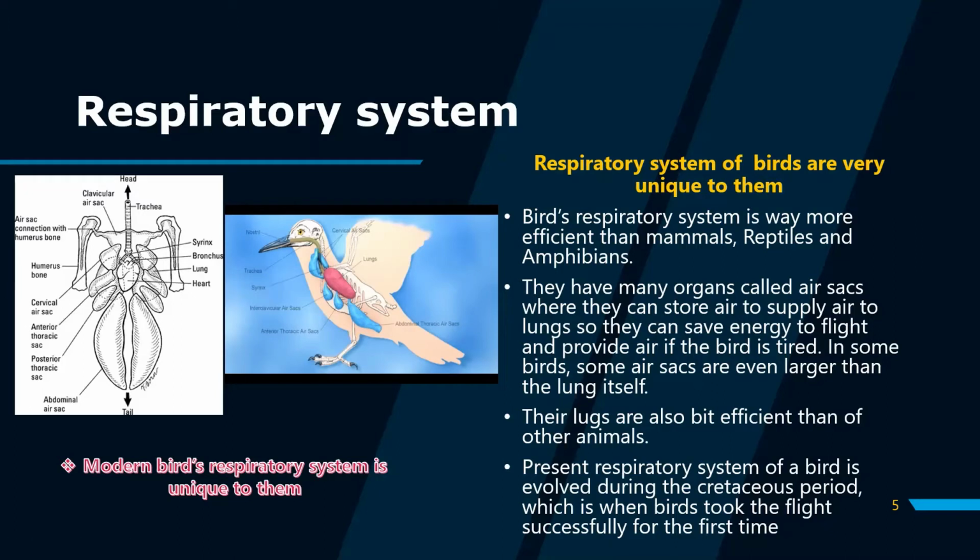If you take the respiratory system, here is the lung, and these blue colored air pack-like structures are known as air sacs. There are many air sacs like the clavicular air sac, abdominal air sac, anterior thoracic air sac, posterior thoracic air sac. These are used to store air when the bird is flying, and it also helps to breathe in a special way.